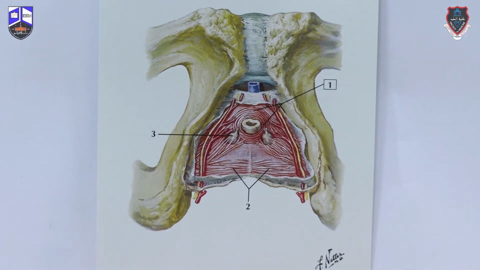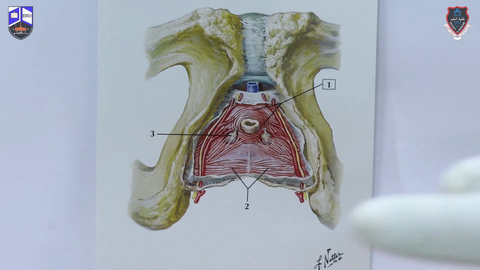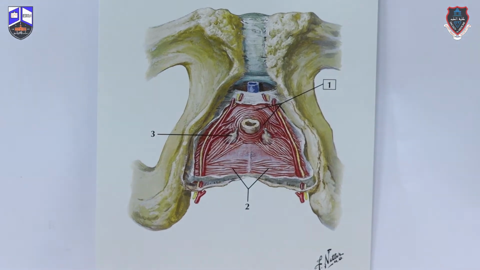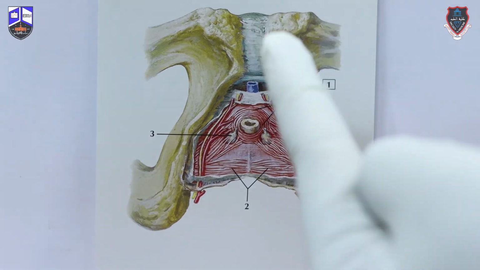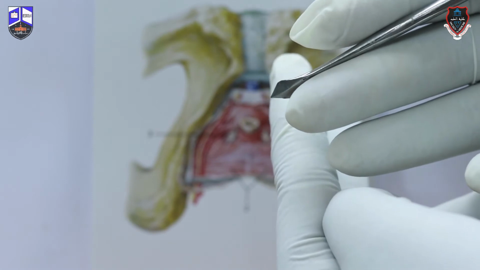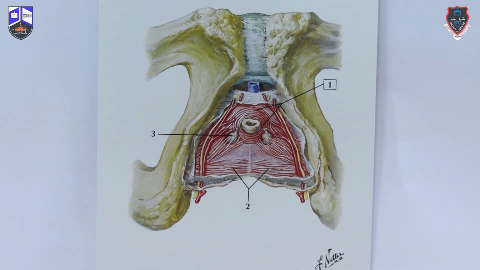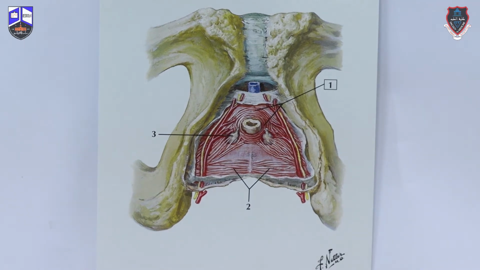These two muscles, together with other structures, are enclosed by two layers of fascia, one found above and one below the muscles. The one above the muscle in the anatomical position is called the superficial or superior layer of the urogenital diaphragm.